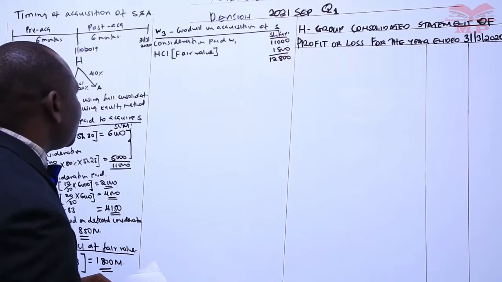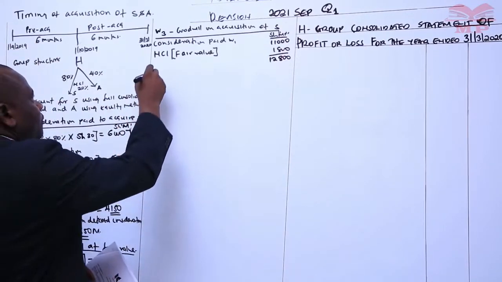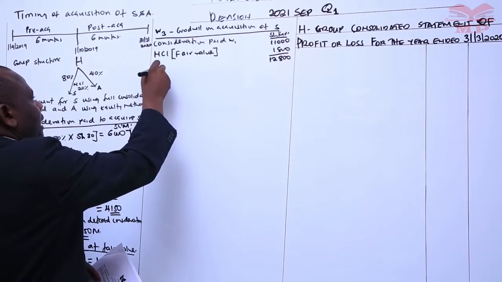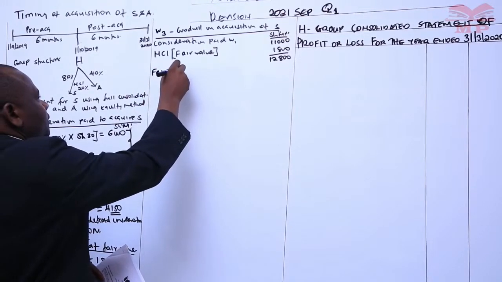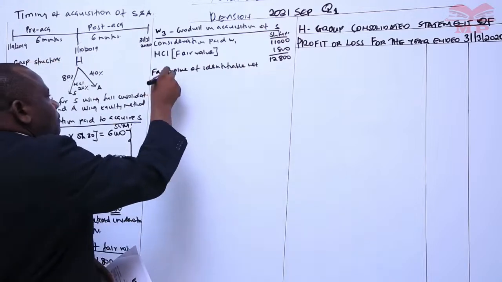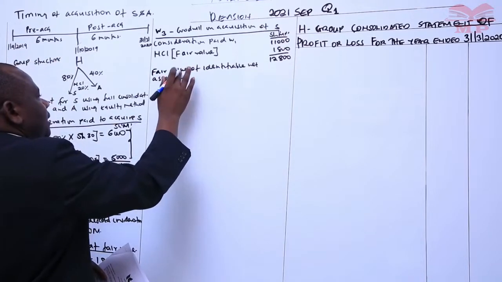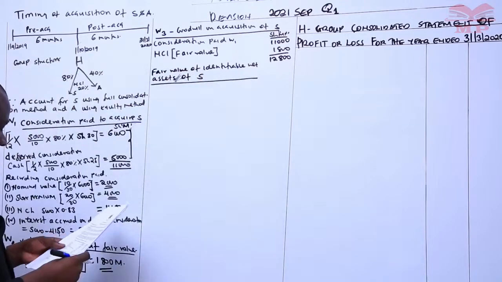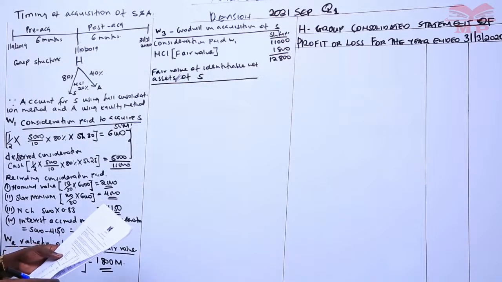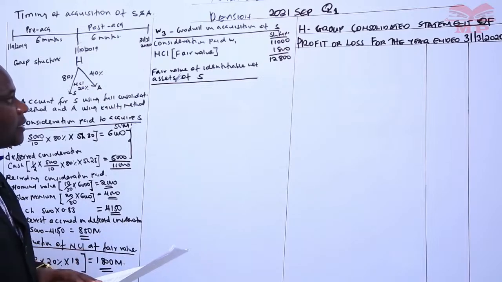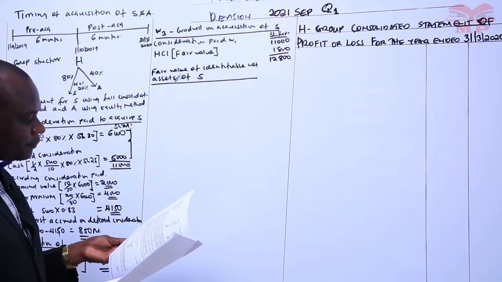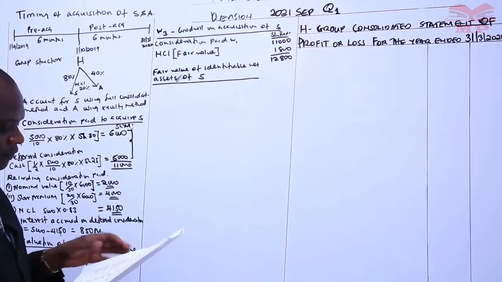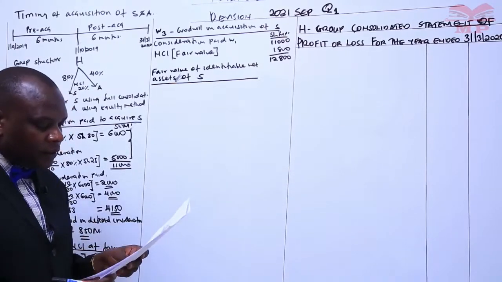To that we compare the fair value of identifiable net assets of S. The net assets you determine from the equity side of the balance sheet if not provided, and also additional information.